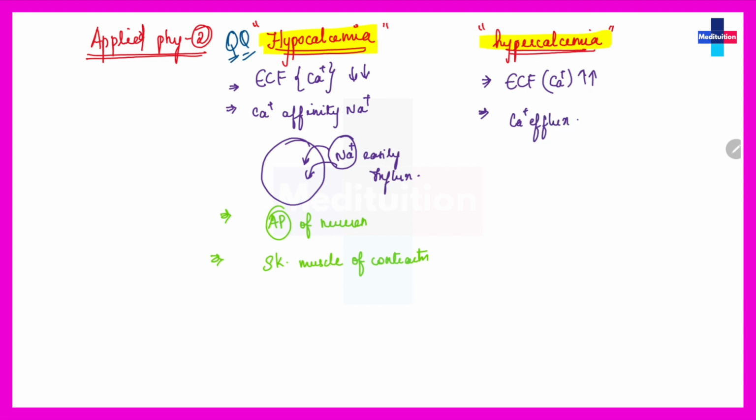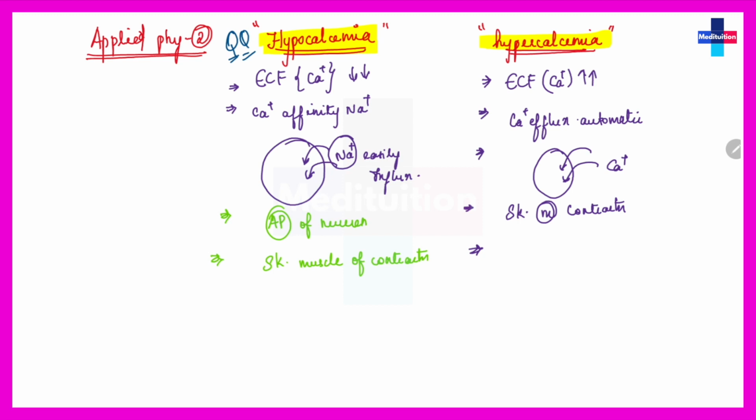This calcium efflux will be automatic in nature, so that the concentration of calcium in ECF is higher. So once calcium effluxes more, then what will happen? Skeletal muscle is also easily contracted. So are you able to appreciate the difference between the hypocalcemia skeletal muscle contraction and the hypercalcemia skeletal muscle contraction?